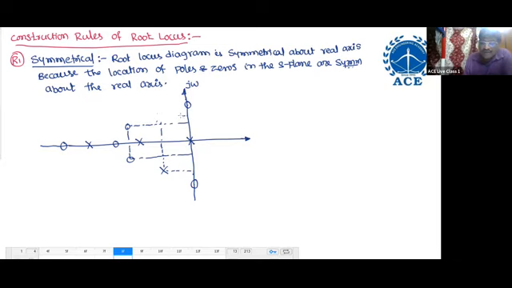So you observe here what happened. All the poles and zeros are symmetrical about the real axis.